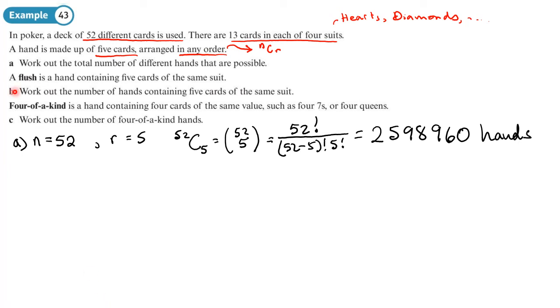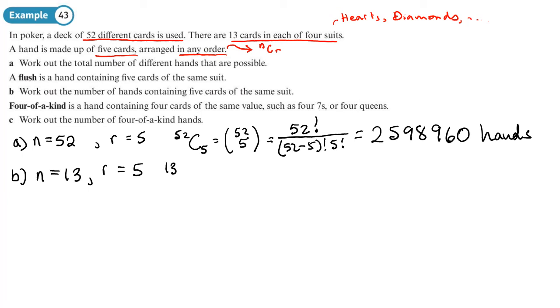Right, let's move on to part B. A flush is a hand containing 5 cards of the same suit, and there are 13 cards in a suit. Work out the number of hands containing 5 cards of the same suit. The first thing is, if these cards are all of the same suit, then we're only looking at 13 cards. We're not looking at the whole pack. So n is 13, and R is going to be 5 cards picked out of those 13 of the same suit.